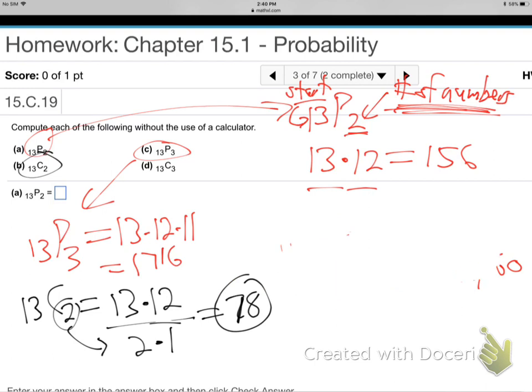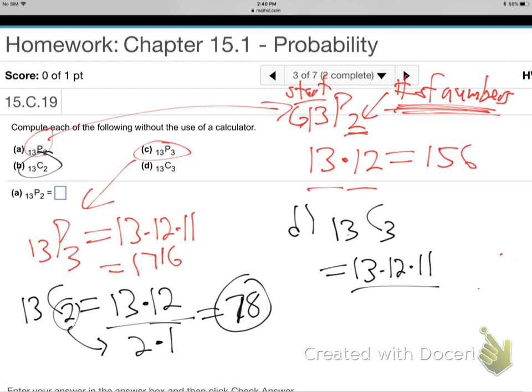Let's do the last one. We'll do a clicker and we'll be out of here. So last one, let's do part D, which is 13C3. Can you do that one? So that would be start at 13, do three numbers, right?